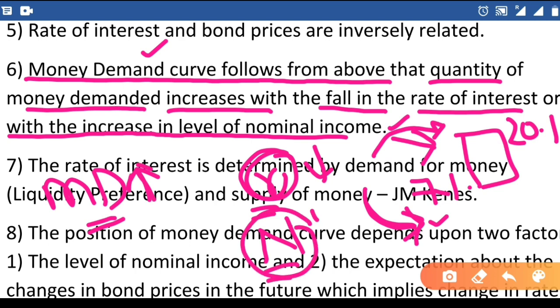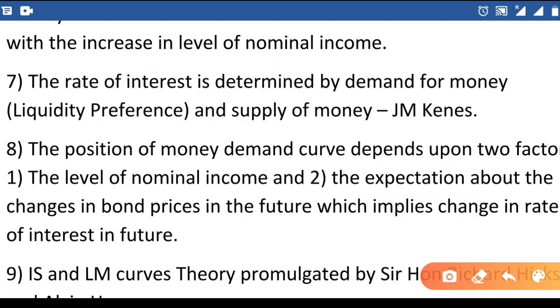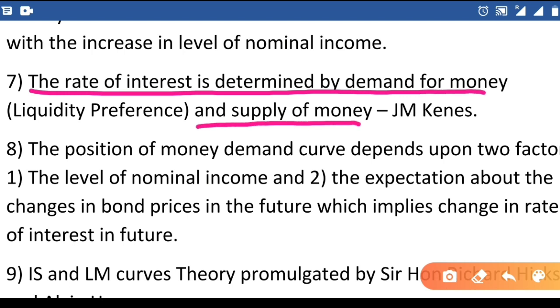Here nominal income is nothing but the fixed income. We get salary every month. If our salary increases, then we try to keep more money at home. So if the nominal income increases, then the demand for money also increases. The rate of interest is determined by demand for money and supply of money, J.M. Keynes.